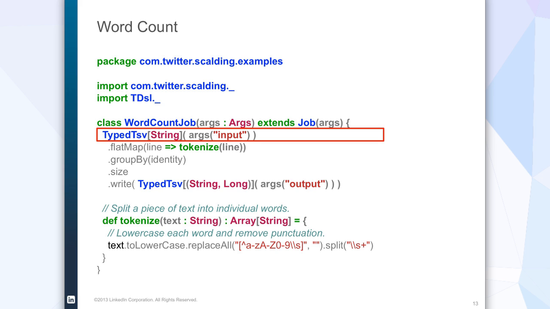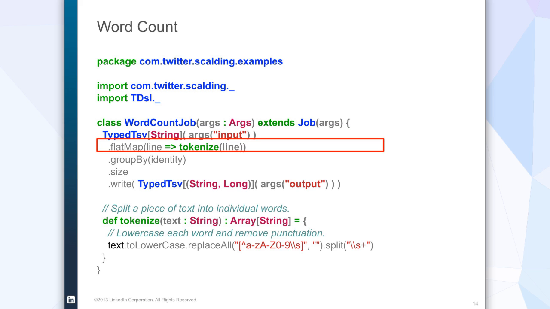So the first line is just read from the input, just a bunch of strings. The second line is what we call a flatMap operation. Basically, take every line and tokenize the line. Tokenize, you can see at the bottom, is just a Scala function.